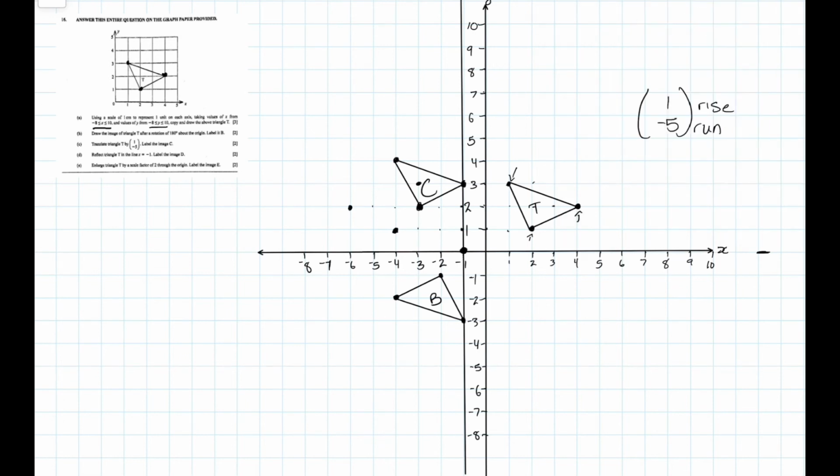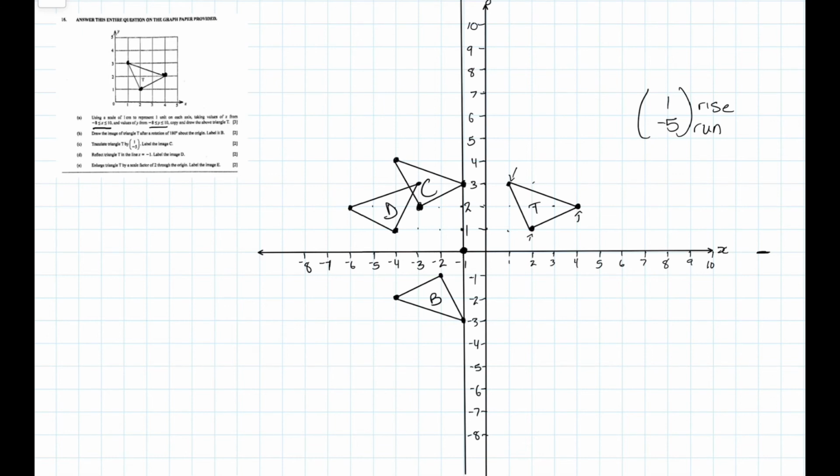And now we're going to draw that shape. And it says to label that image D. Alright, so it basically looks like the line x equal -1 is the mirror. Alright, and that's the reflection.